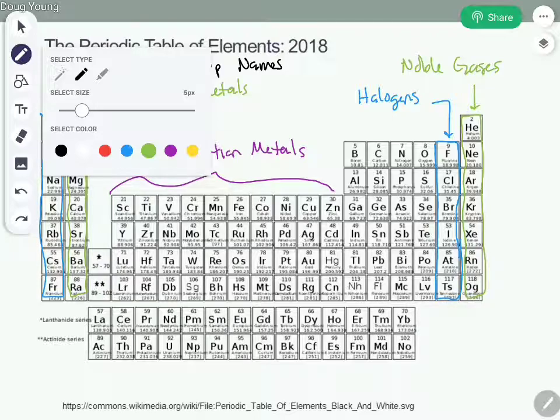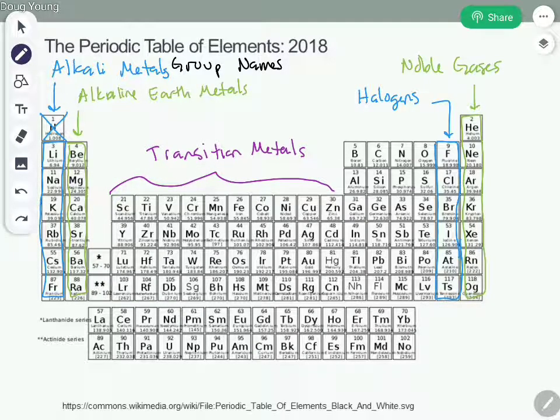There is a group down here that we're not going to really talk about too much in an introductory level class, but these are the rare earth metals. Like I said, we won't really see them in my introductory level classes, but these are the lanthanides and actinides. They actually have the names over here. And those are really big elements that we're not really going to talk too much about.